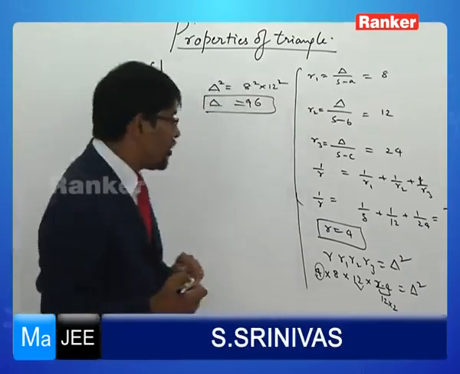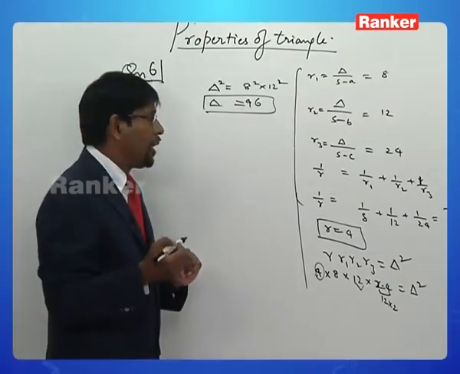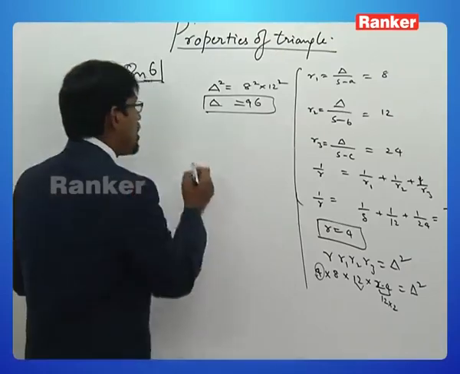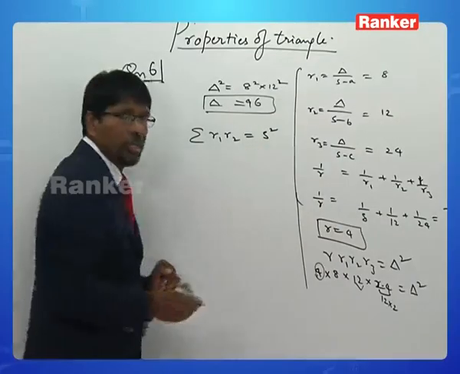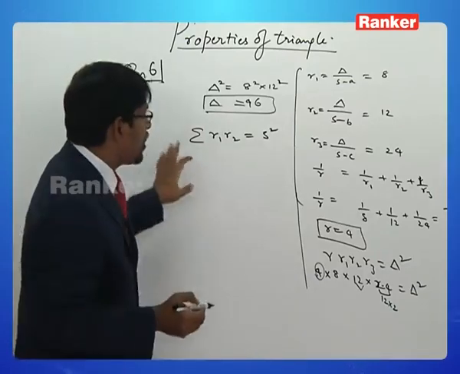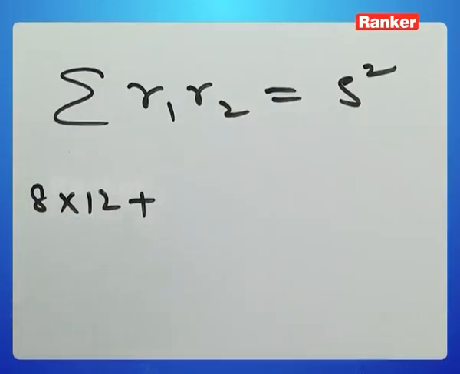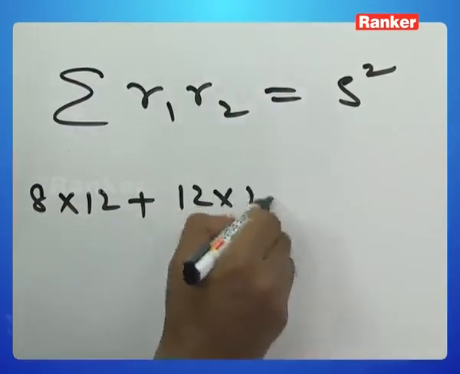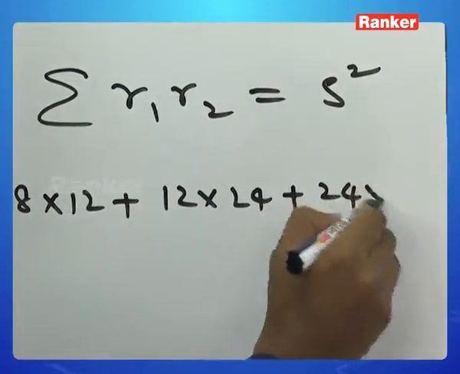There is one more formula which links up the semi-perimeter with the exradii. What is that? Sigma R1 R2 is equal to S square. We can use this formula. What is sigma R1 R2? 8 into 12 plus 12 into 24 plus 24 into 8.